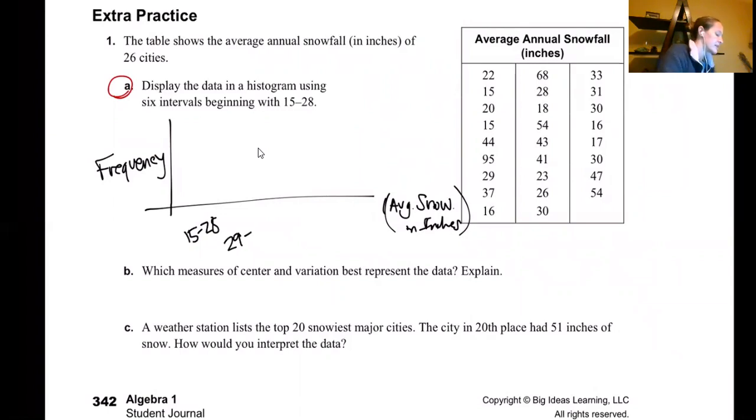So when I add 13, I get 41, and then I could go to the next range to get 42, right? 42, and I could add 13 to that, and that would be 55. I could keep going. The next guy could be 56.